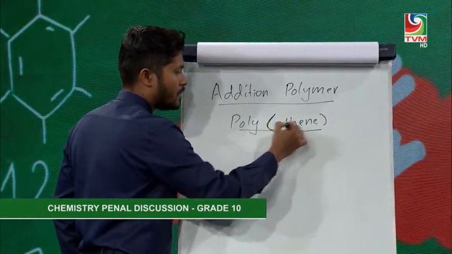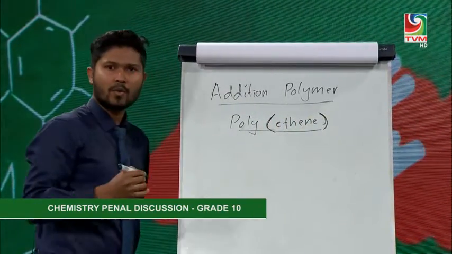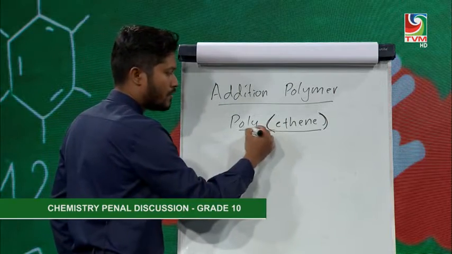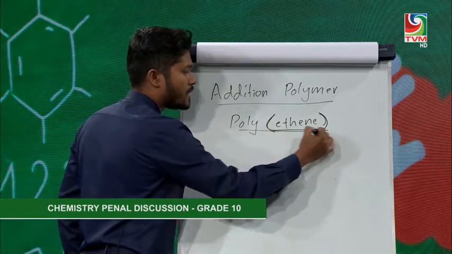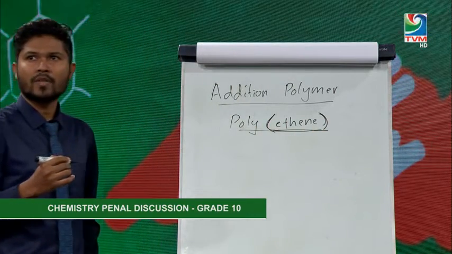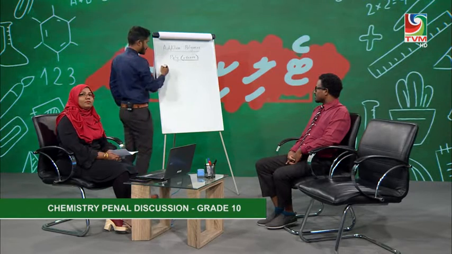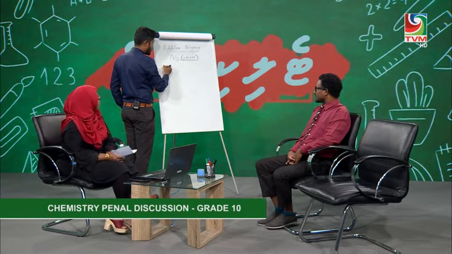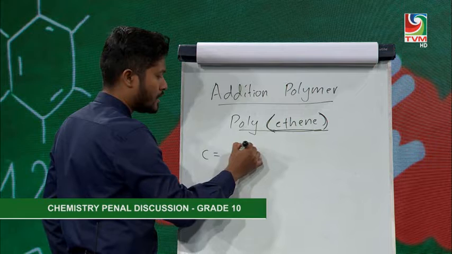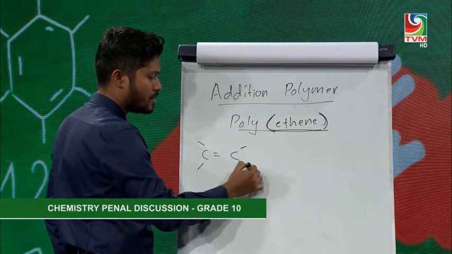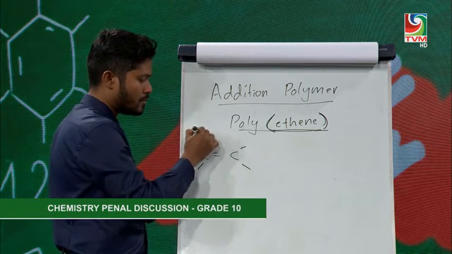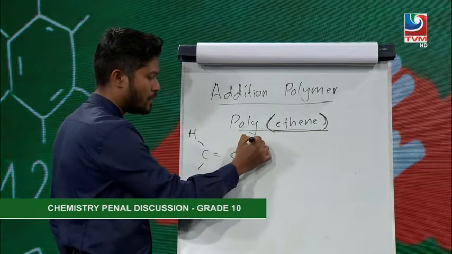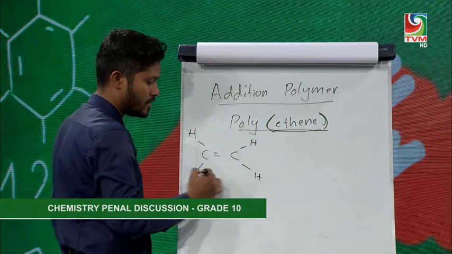Usually when we write the name of the polymer, the one that is next to poly inside the bracket is the name of the monomer. So that means polyethene is made from ethene, which has 2 carbon with a carbon-carbon double bond and 4 hydrogen.